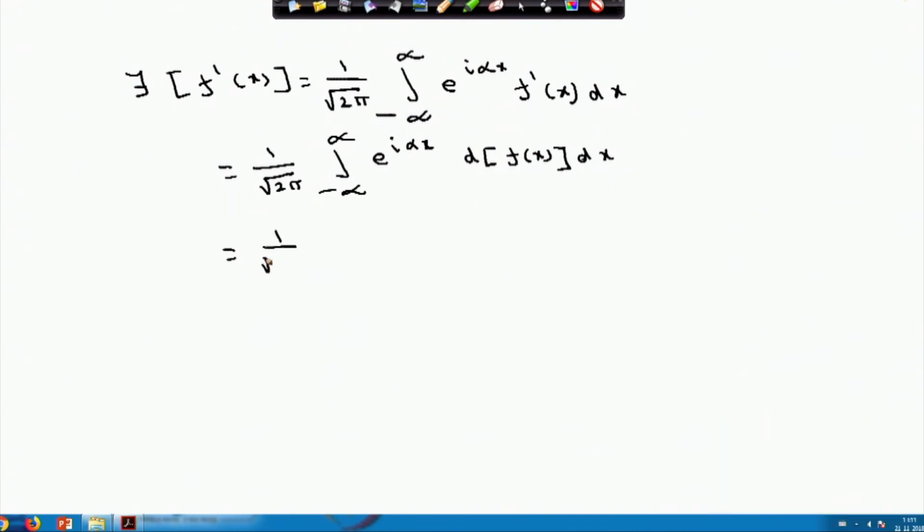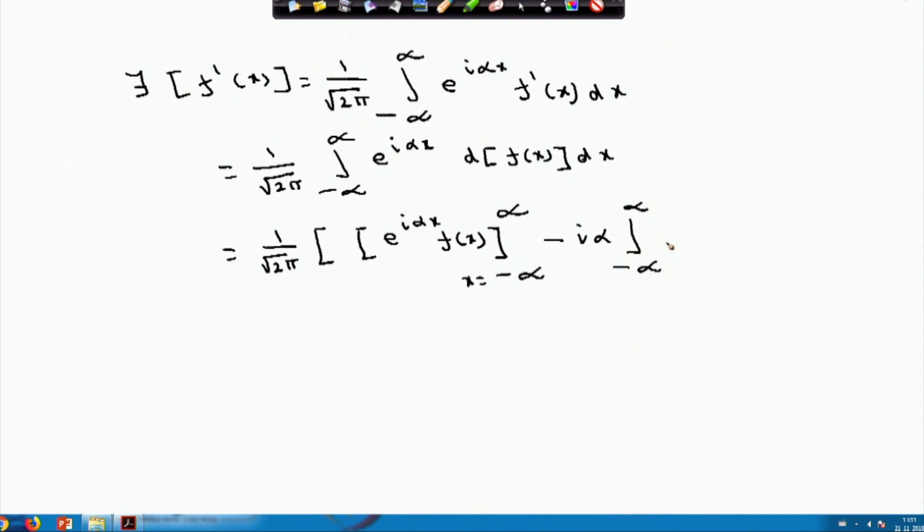By integrating using integration by parts, the first term will be e to the power i alpha x into f(x), where x will vary from minus infinity to plus infinity, minus, if I integrate this, i alpha will come out, i alpha integral from minus infinity to infinity of f(x) into e to the power i alpha x into dx.